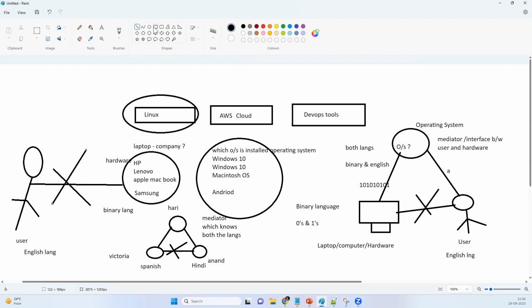For example, in your mobile. Which mobiles are you using? Which hardware are you using? For example, Samsung, Realme, Oppo, whatever it may be.